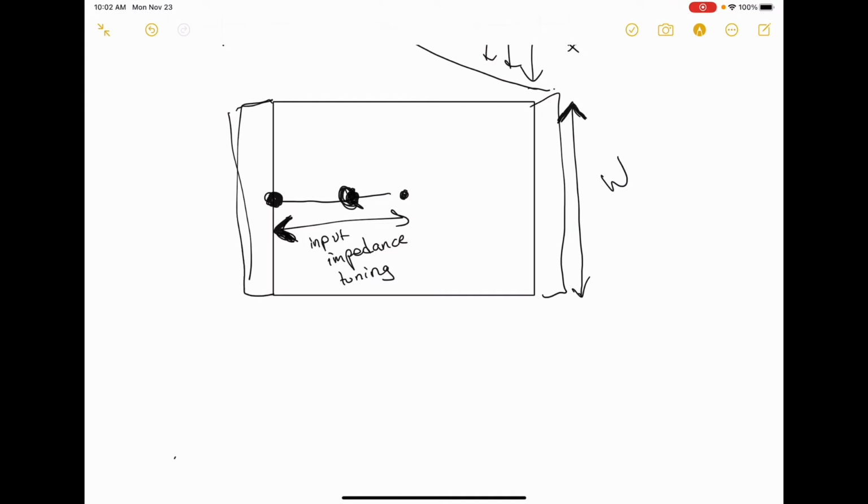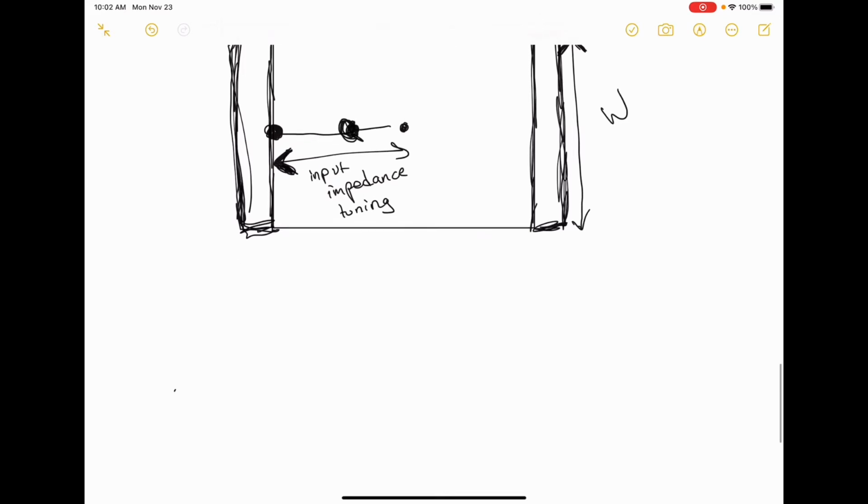And I'm going to talk about that a little bit more now. But since radiation comes from the fringing fields that are leaking out from the edges of the antenna, if you change the area over which that happens, then you change the radiation resistance of the antenna, and you'll change the input impedance too. So here's what actually happens.